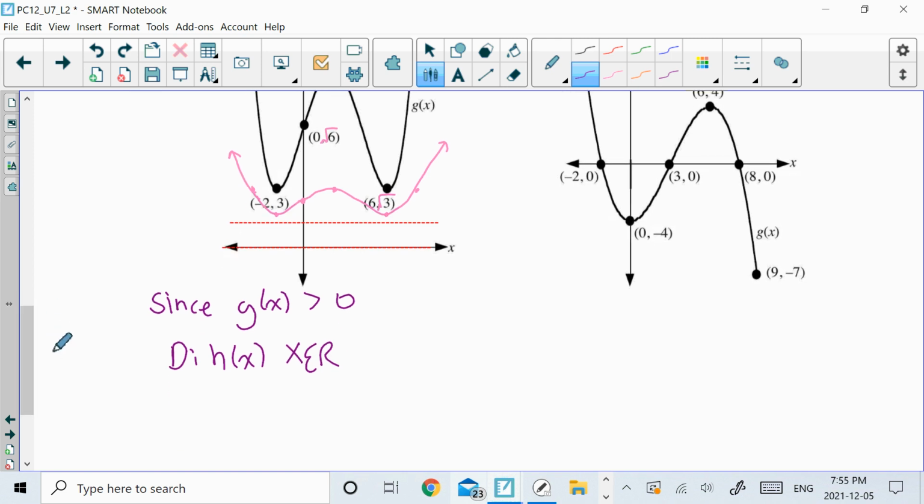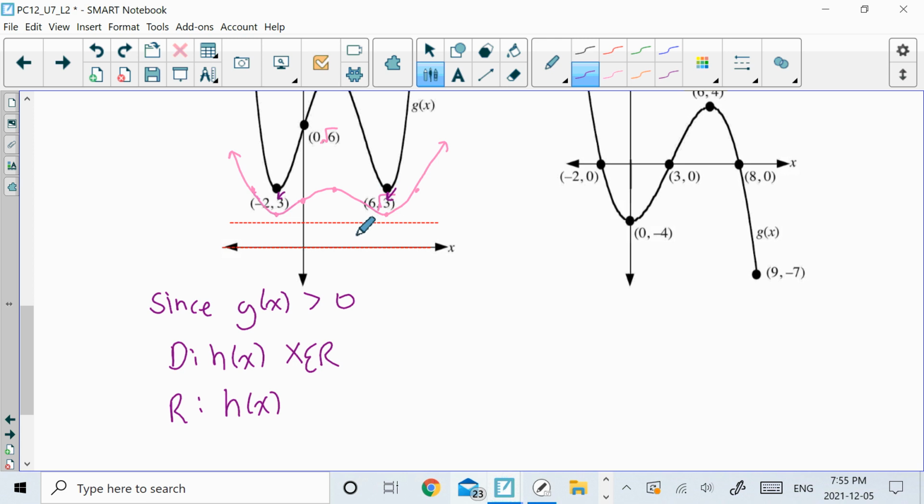Okay, the range of the radical graph. What you have to do, so the range of the radical graph, which is going to be h of x, we need to look at the minimum value on the original graph. The minimum value on the original graph was right here. The range is the y values, so we were looking at 3. And on the radical graph, it's going to be the square root of 3.